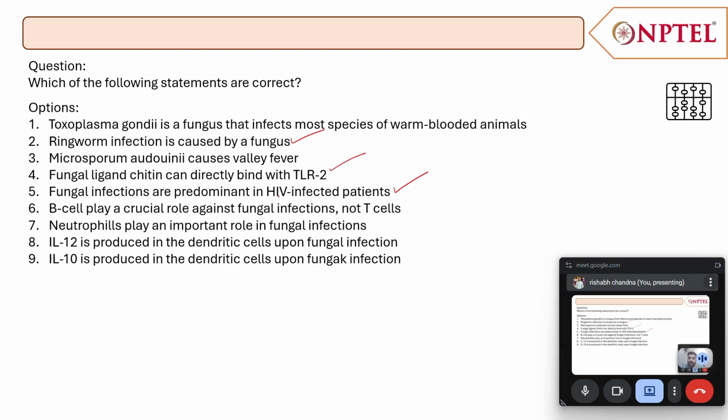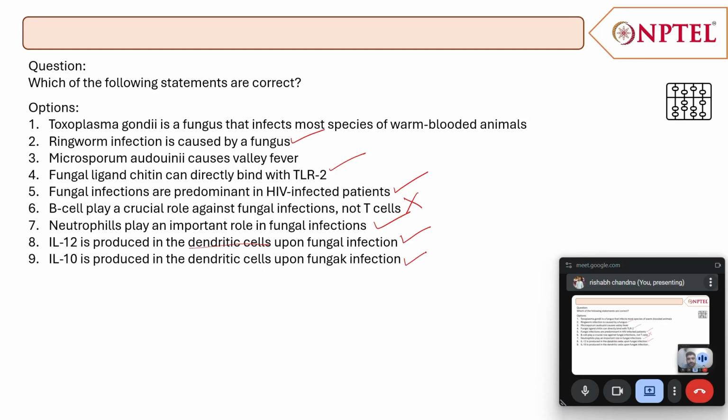B cells play a major role against fungal infections, not the T cells. No, T cells may play a major role in the fungal infection. Neutrophils play an important role in the fungal infection. Yes. IL-12 is produced in the dendritic cells upon fungal infection. So yes, and then IL-10 is produced in the dendritic cells upon fungal infection.